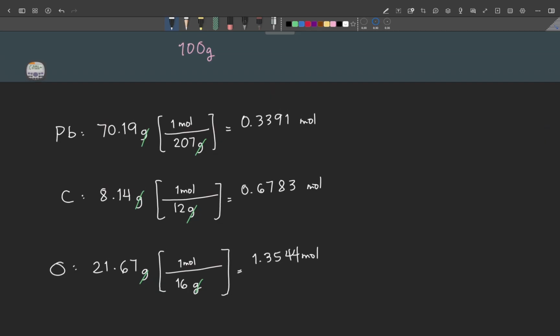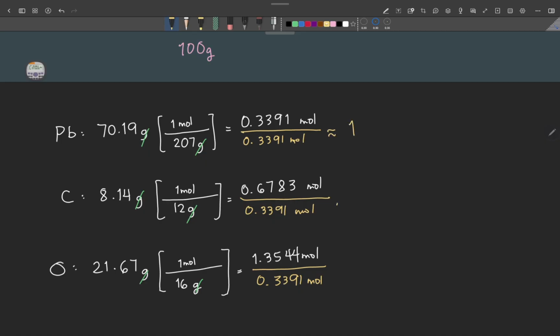Okay. So the lowest will be this one. Okay. So take note of the steps. We divide this by the lowest, which is 0.3391 mole. And then the answer will be whole number.